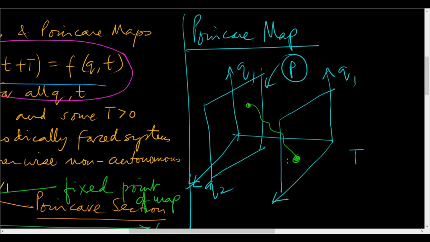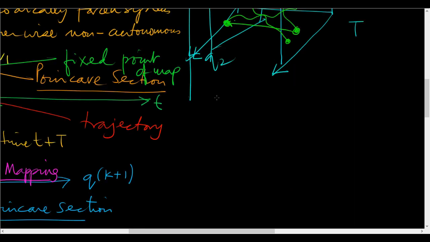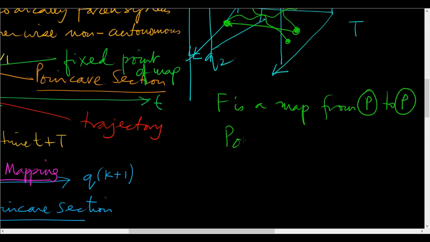And we just push it back over there, and then we map it forward again. And then we push it back over there, and then we map it forward again, and so on. In this way, we think of F as a map from P to P. Okay, and this map is called a Poincare map.